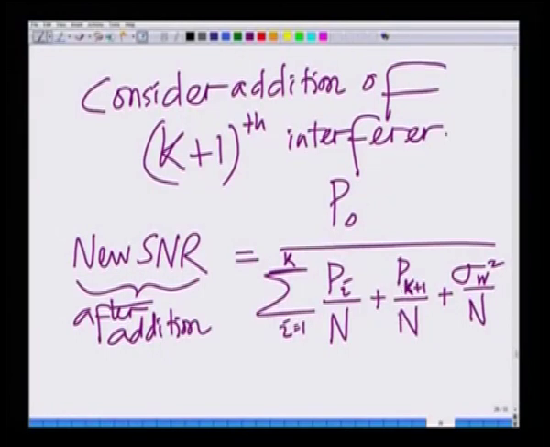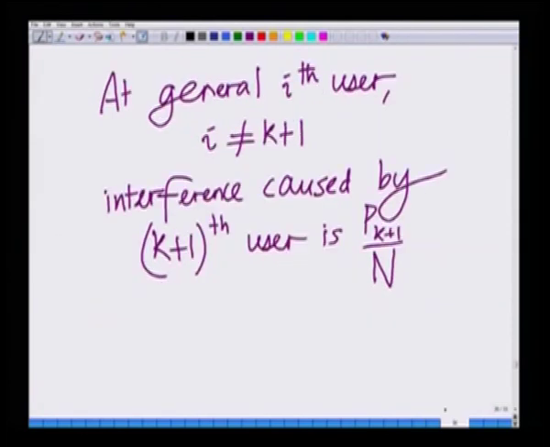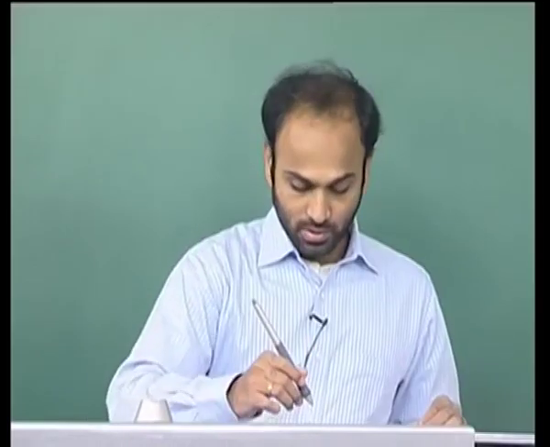That is, out of the total power of P k plus 1, only a fraction, that is 1 over n, is affecting user 0. Hence, the k plus 1th user causes an interference of P k plus 1 over n at user 0. Now, let us continue this thought with today's lecture.